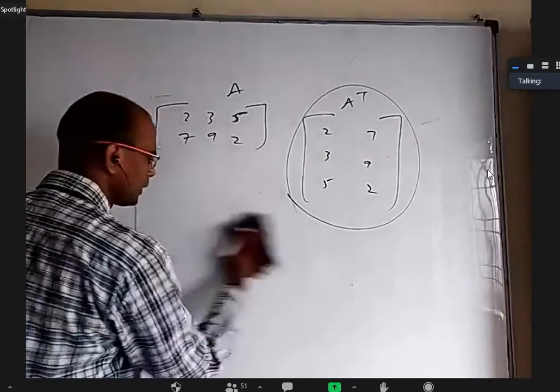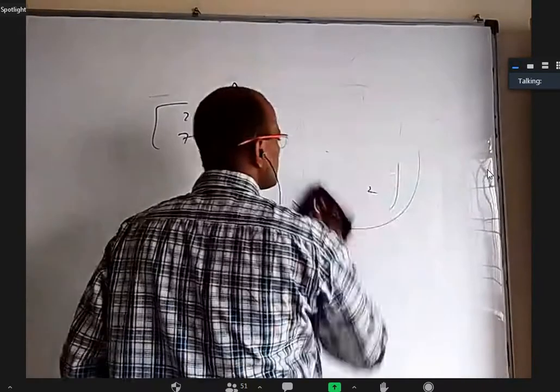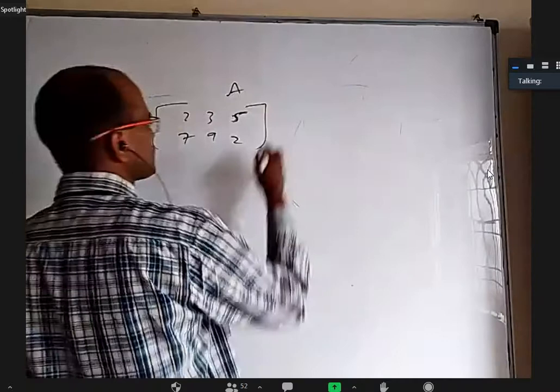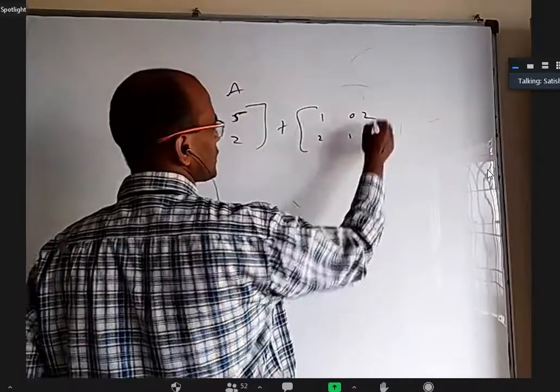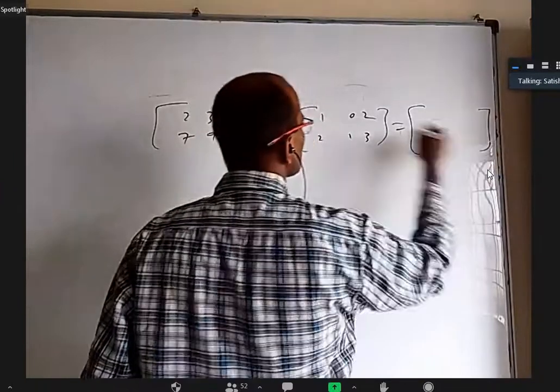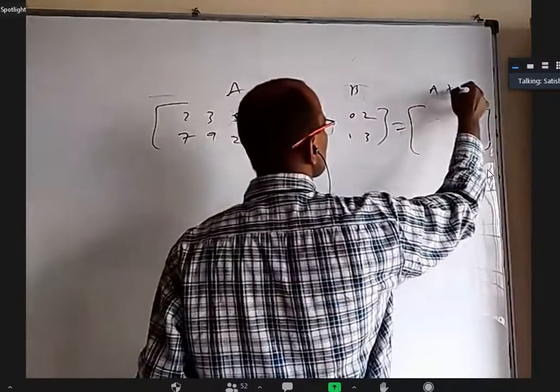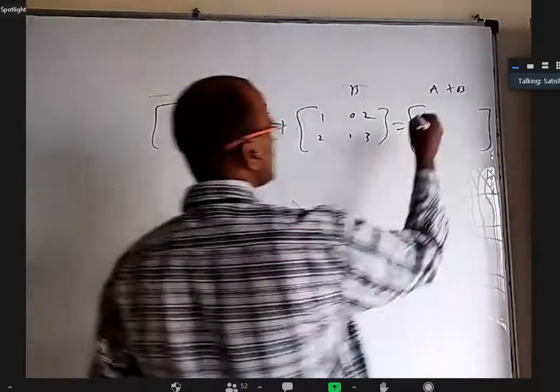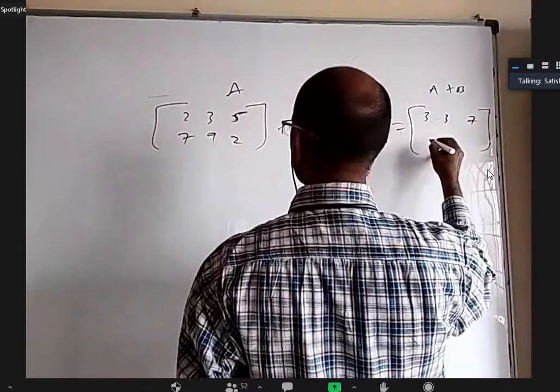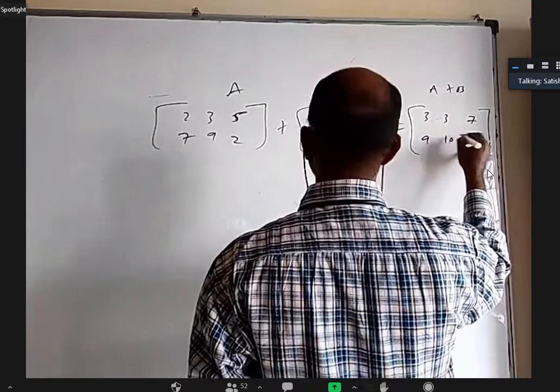Next, let us say I have two matrices, this one and this one, 1, 0, 2 and 2, 1, 3. This is A, this is B, and this is A plus B. When I add them, I'll get 3, 3, 7 and 9, 10, 5.